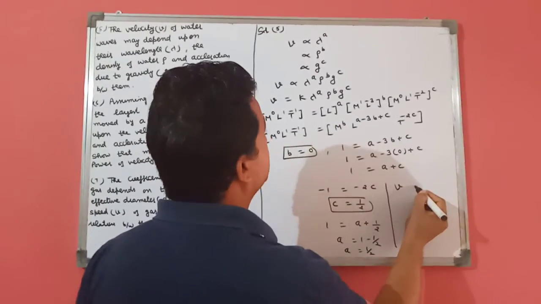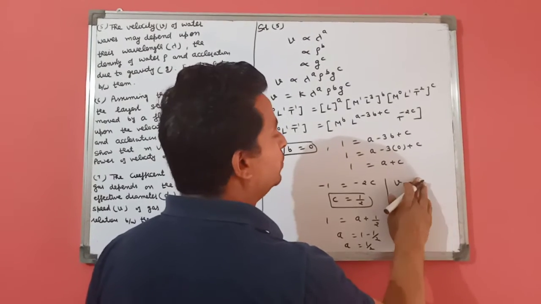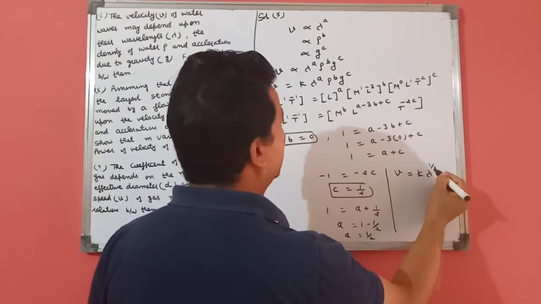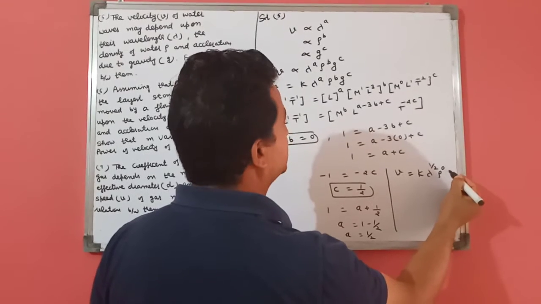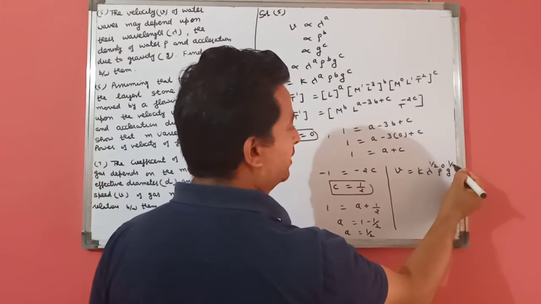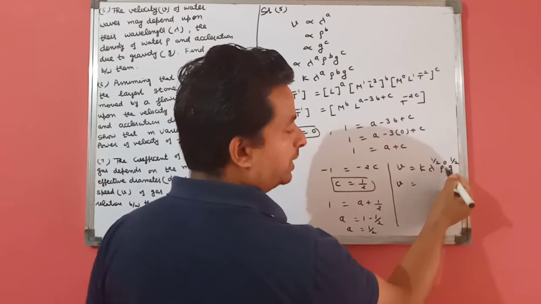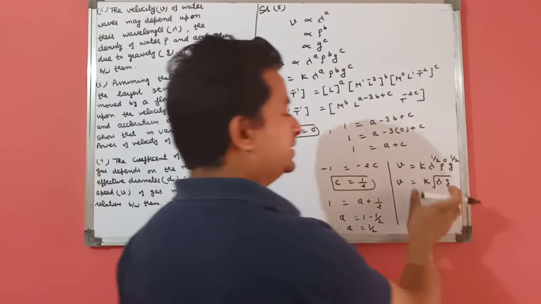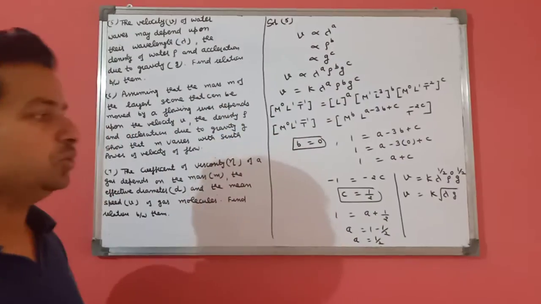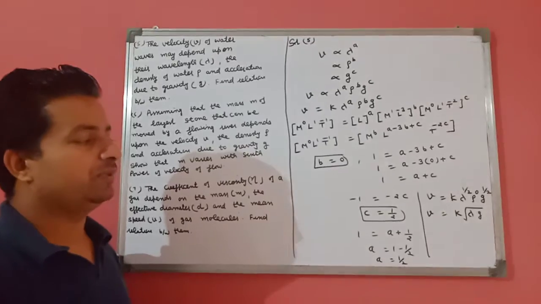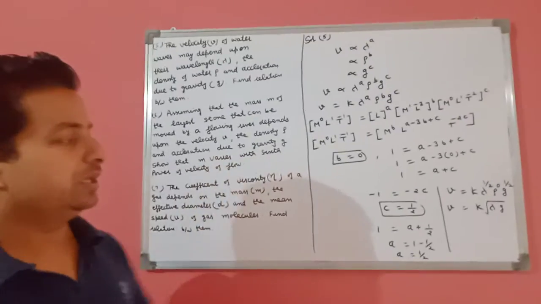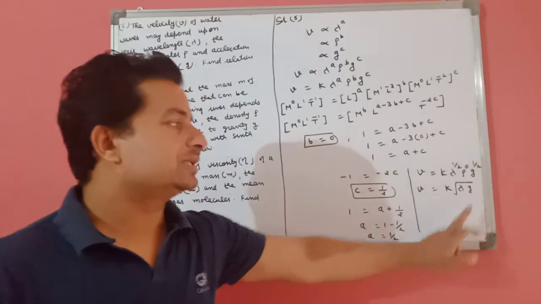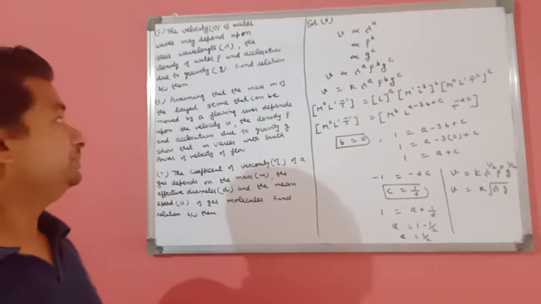So velocity is proportional to, equal to k, lambda to the power half, rho to the power 0, g to the power half. Rho to the power 0 is 1. So the physical equation is v equals k times the square root of lambda g. This is the relation between velocity, wavelength and acceleration due to gravity.